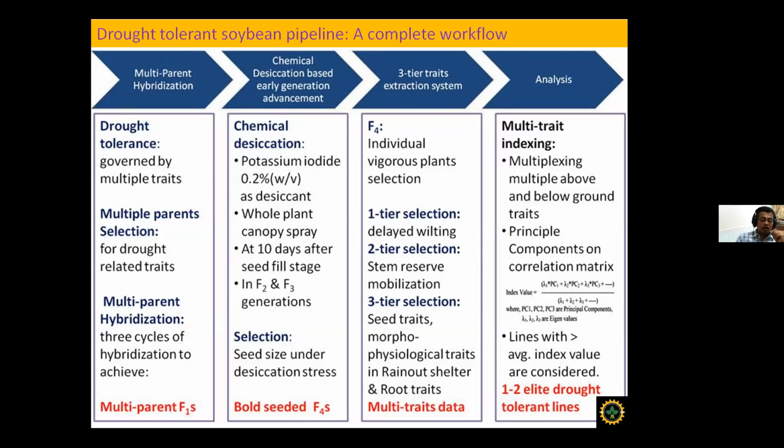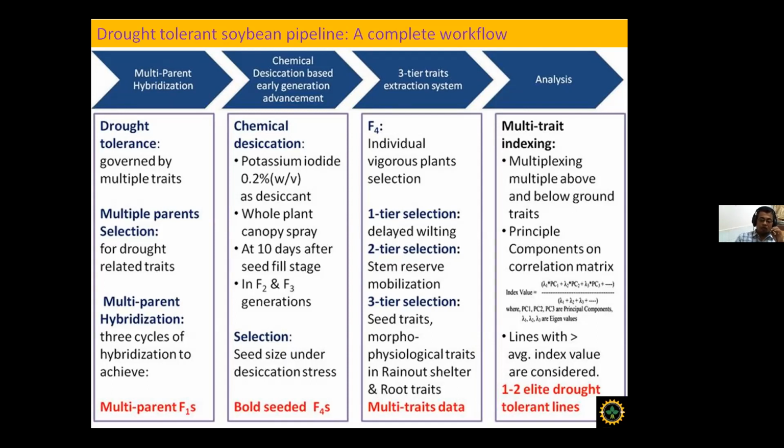Those selected genotypes are advanced to the third tier of selection in the rainout shelter, where selections are made for seed traits, morphophysiological traits, and root traits, as I already explained. Once this large amount of data is collected, the question is how to analyze it.